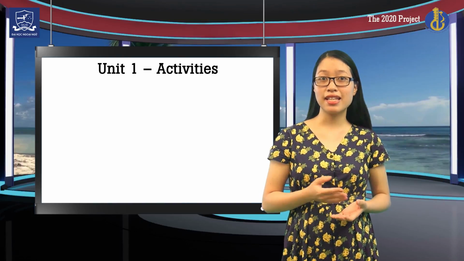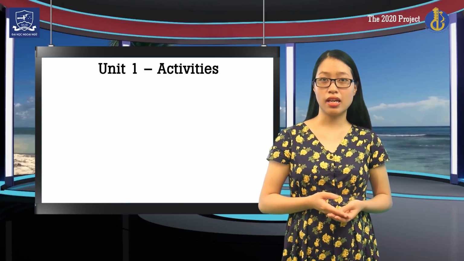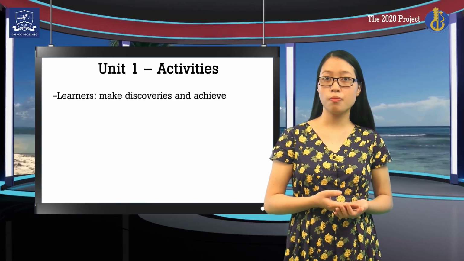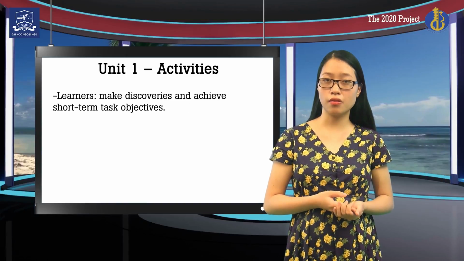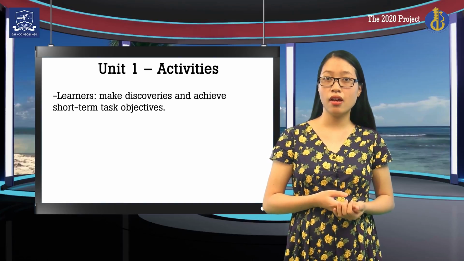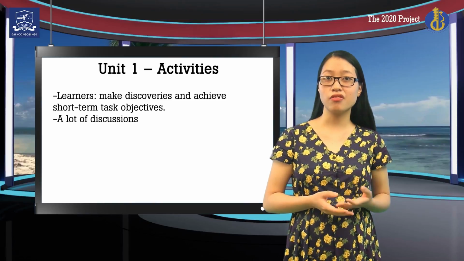Okay, now let's examine the activities designed in the book. As you can see, they ensure the investment of learners by pushing them to make discoveries for themselves, like in Section 1.2 with present perfect tense, and achieve short-term objectives, such as write a letter using this tense.